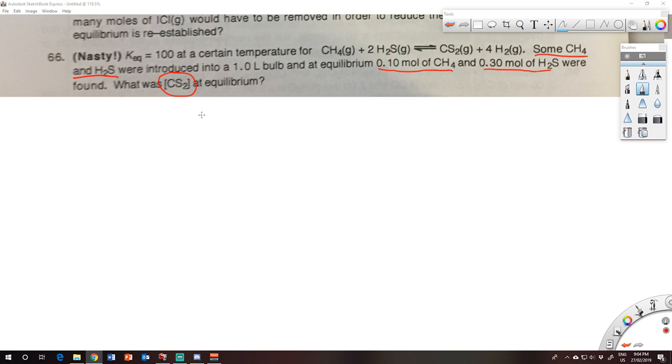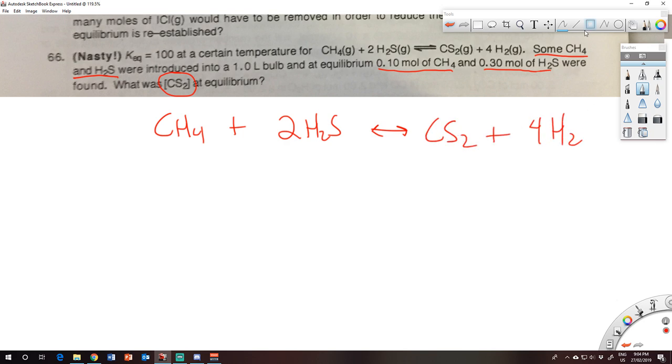Anyways, okay, so let's set up my equilibrium ice table as follows. So we have CH4 plus 2 H2S going to CS2 plus 4 H2.